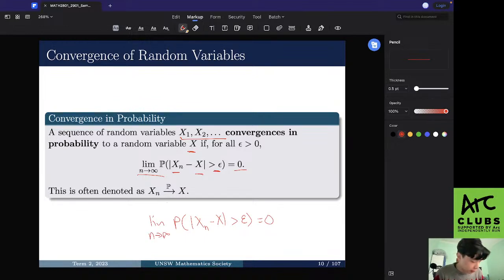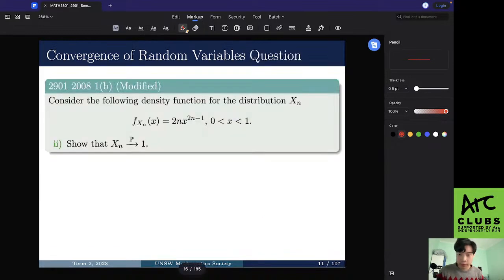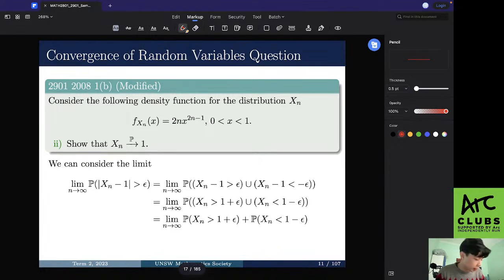And of course, it's denoted with an arrow and a P on top. So, same thing here. We want to show that xn approaches 1. So, a good way to start is just looking at the actual limit. And what we see is that this limit can be, for example, represented by a number line.